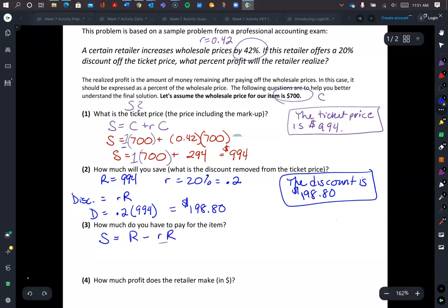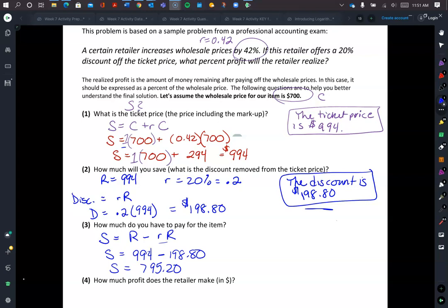Now we already figured out our discount, so we could write this in here as the regular price is $994 minus the discount from over here, $198.80. That is one way to do it. And for that, we get $795.20. So we would say we would pay $795.20.